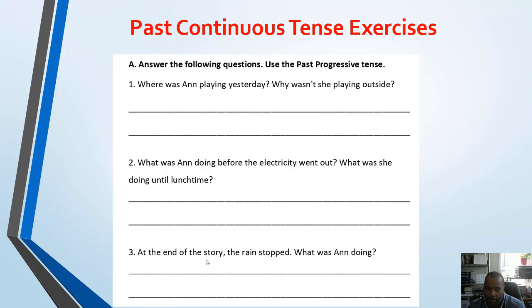Number 3, at the end of the story, the rain stopped. What was Anne doing? I wrote, at the end of the story, comma, Anne was playing a game and eating ice cream with her mother. Okay?